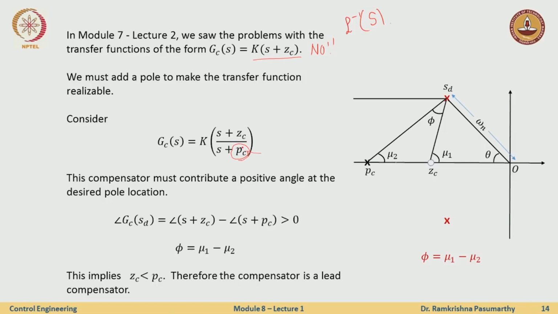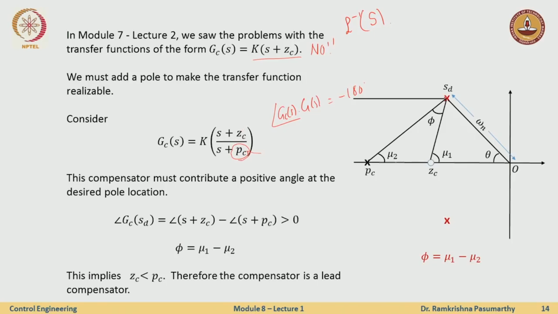Now for this compensator, the angle of GC and the angle of G should always add up to 180, all those conditions should be satisfied. Earlier only the 0 had to contribute a certain angle, now I have a 0 and a pole, so these two together should contribute an angle phi.